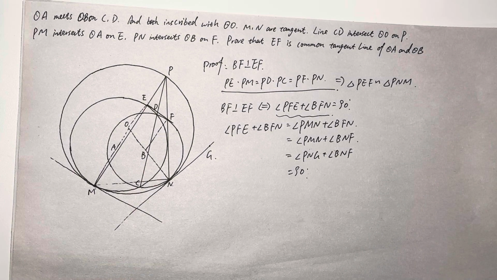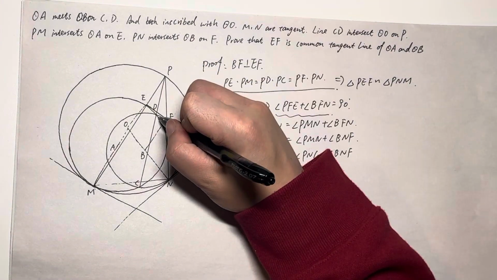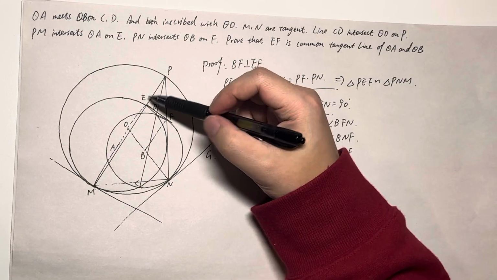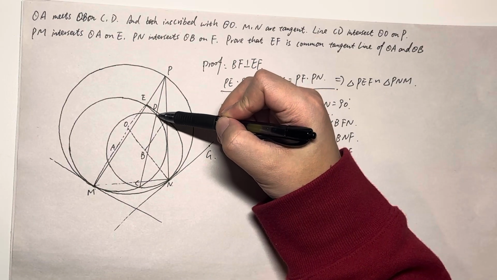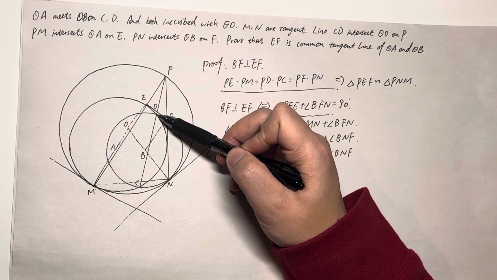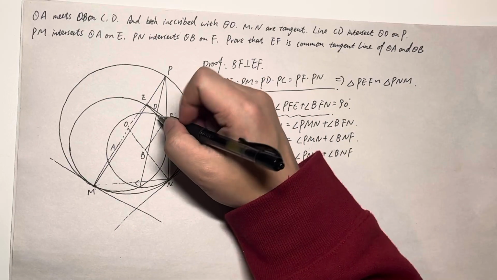Now, I want to talk a little bit about my first solution. It was a very lengthy solution, but I think it finds lots of interesting things behind it. Basically, we want to prove that angle EFD equals angle DNF.